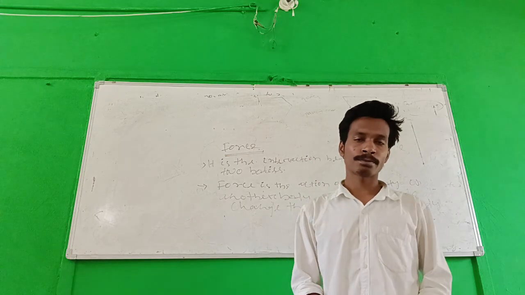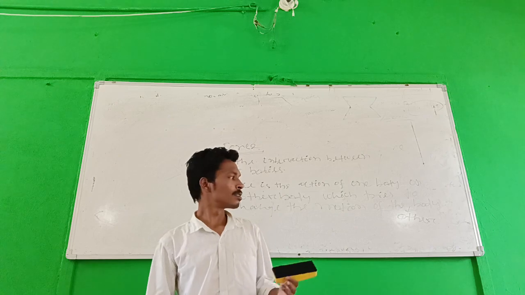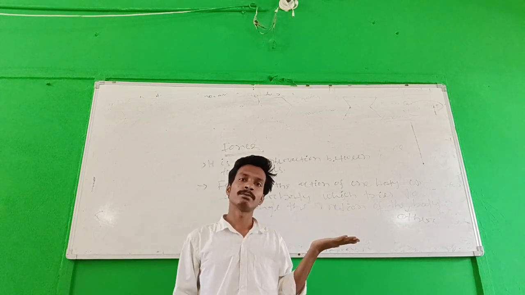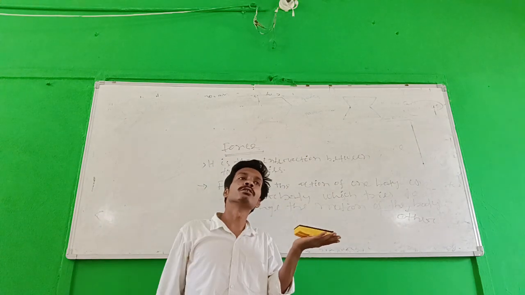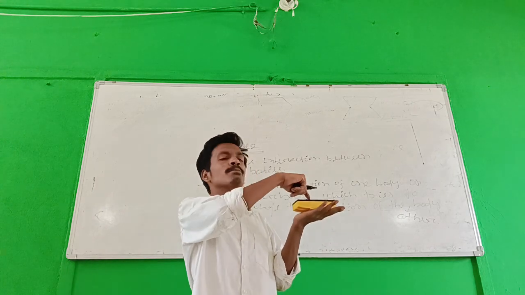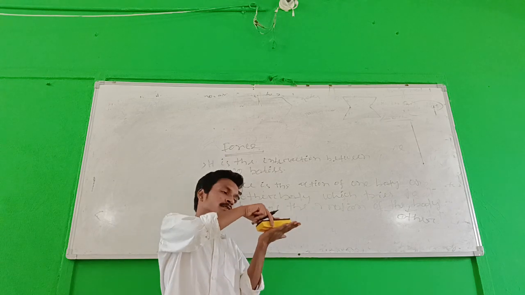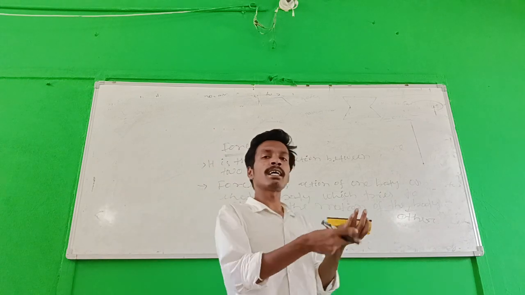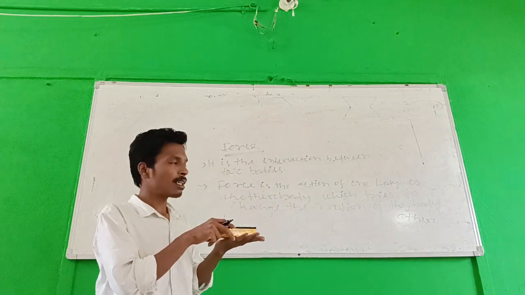Let us consider this is a body. My hand is a body, and this is another body. I have put this body on my hand. So what will happen? This body is supposed to push my hand downwards, but I have that much strength, so nothing will happen.